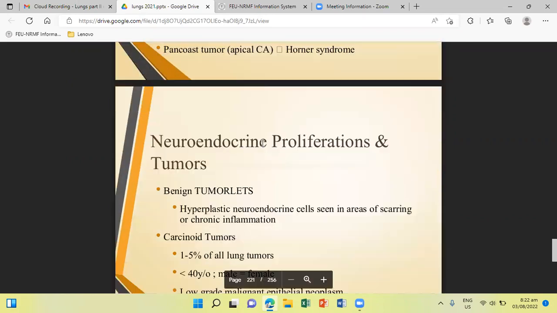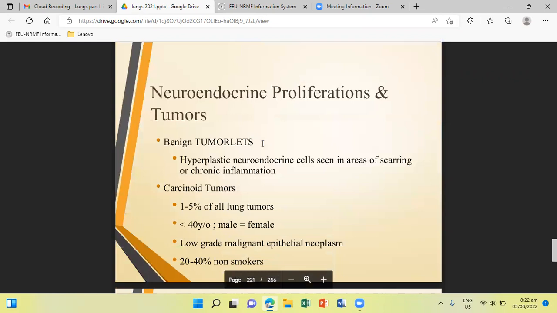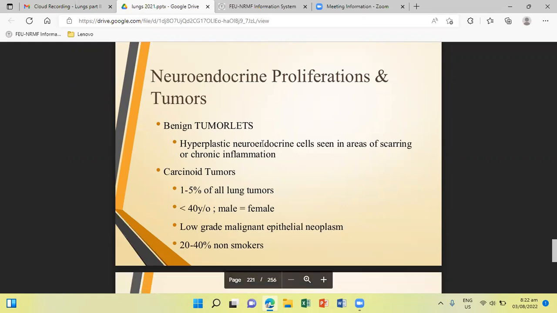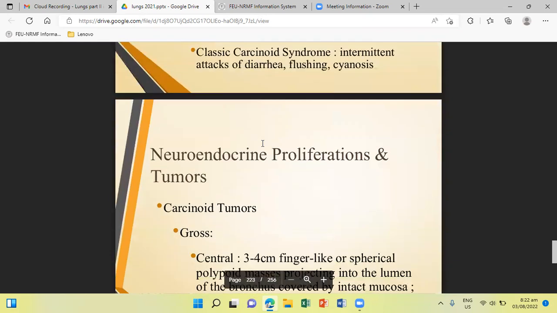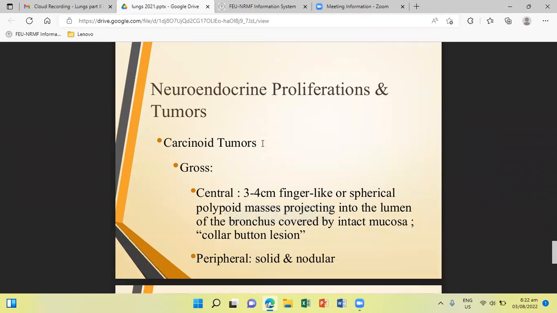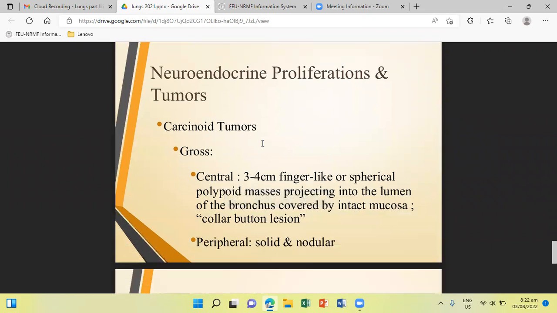Now, there's also what you call neuroendocrine proliferation and tumors. So it's categorized actually into the following. The first on the list is benign tumorlet. The second would be your carcinoid tumors. Carcinoid tumors usually appear as an intraluminal mass, like 3 to 4 centimeters in diameter.